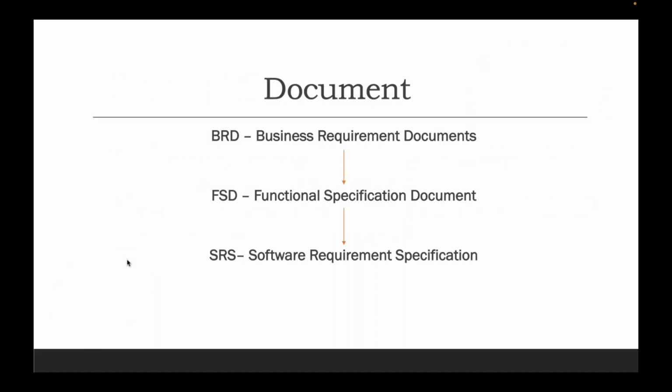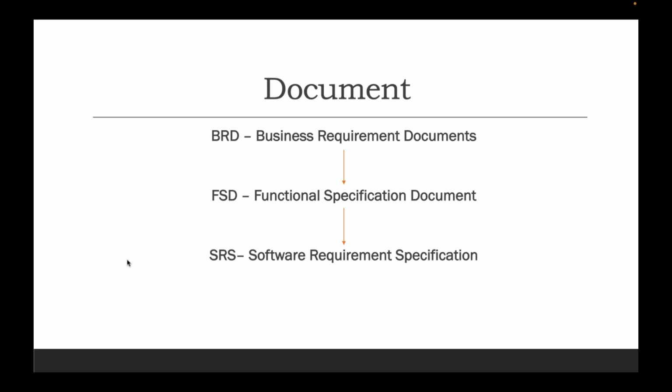Then these are the documents which I'm mentioning. They are called BRD, business requirement document, FSD, functional specification document, SRS, software requirement specification. They are also called BRS, business requirement specification, FRS, functional requirement specification, and SRS, system or software requirement specification.